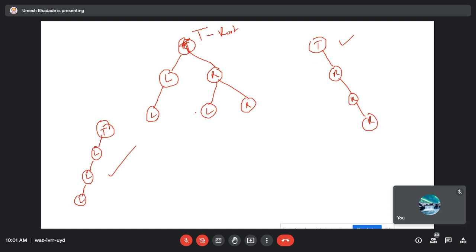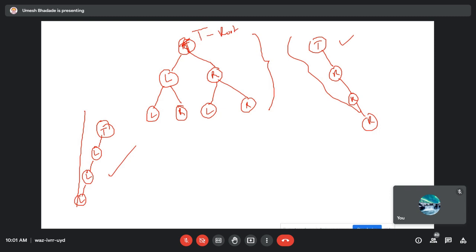If it is like this, then it is called a complete binary tree, because here every intermediate node has two children. That's why it is called a complete binary tree. But this is also a binary tree, but it is not complete, right?